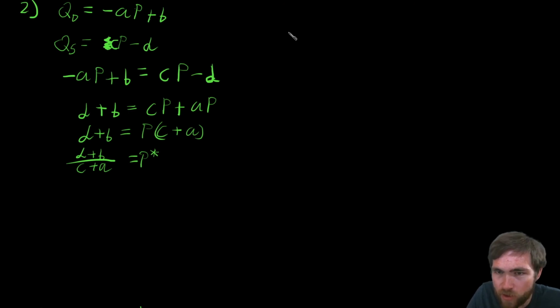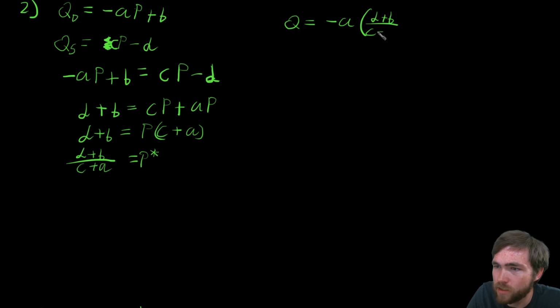So if we've got this, let's plug it back into QD. So Q is equal to negative A times D plus B over C plus A, plus B.